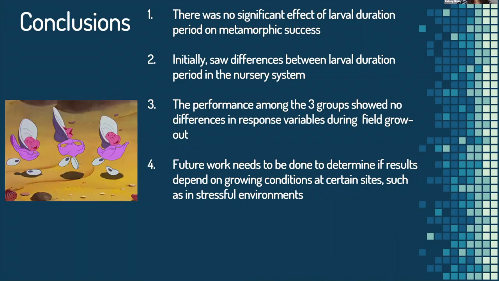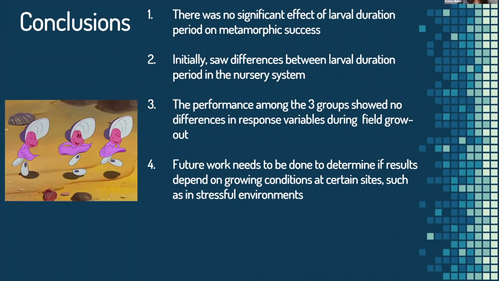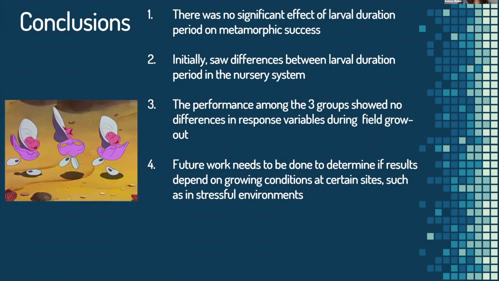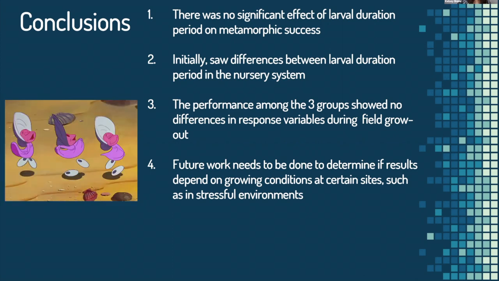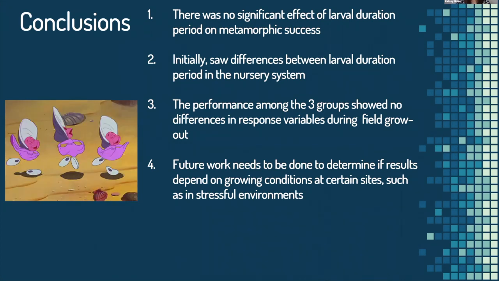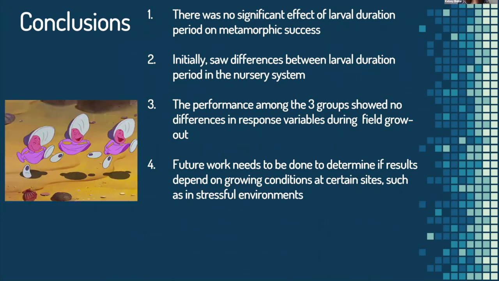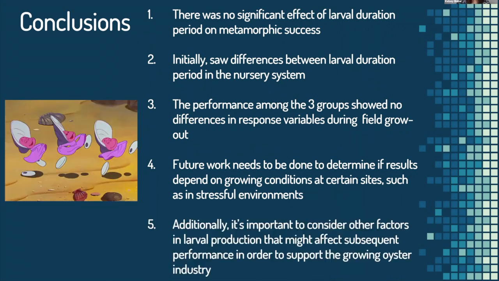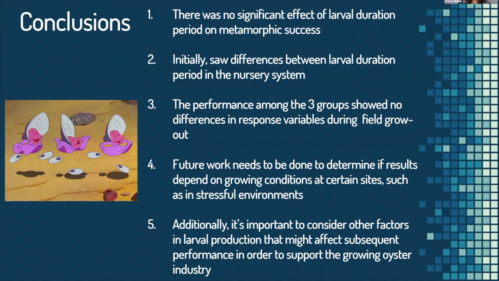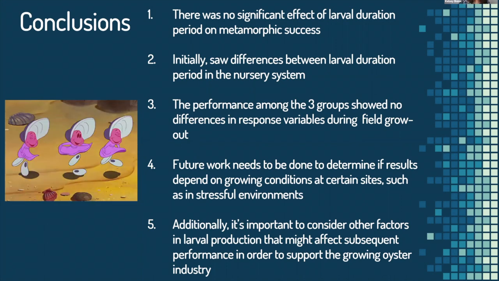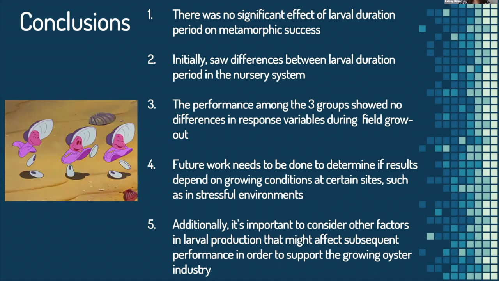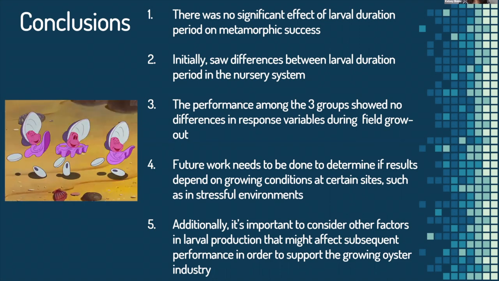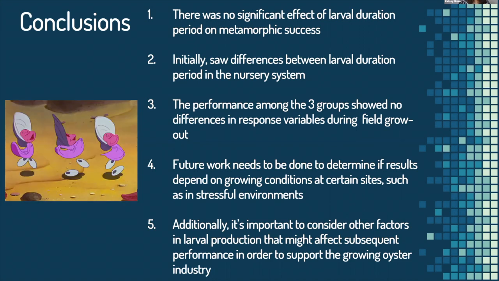But future work does need to be done to determine if growing depends on the conditions at each site, such as if stressful environments affect it, such as that commercial farm site that we saw that effect in. And then additionally, it is important to consider other factors in larval production that might affect subsequent performance in order to support the growing oyster industry, such as salinity and nutrient stress in that larval production.